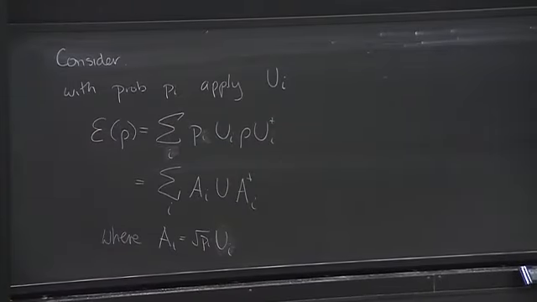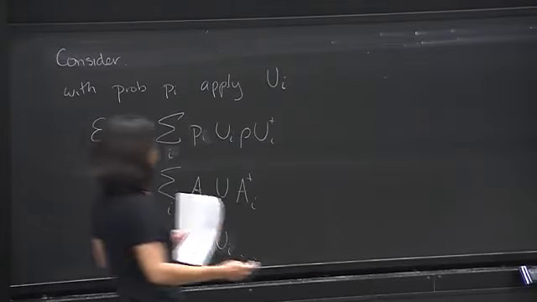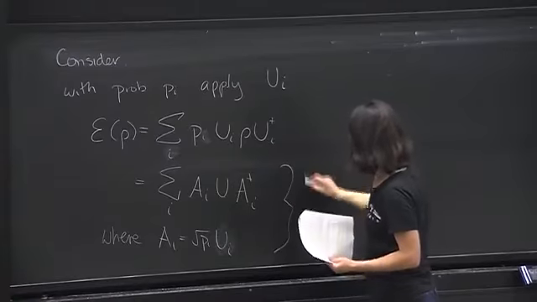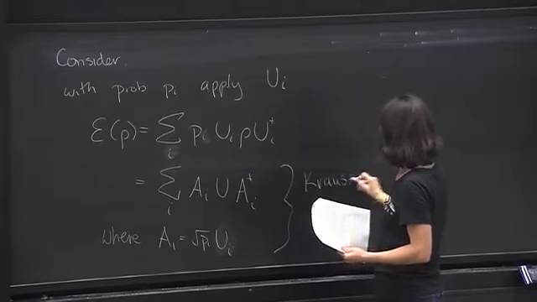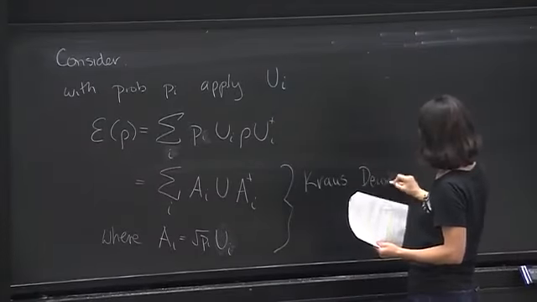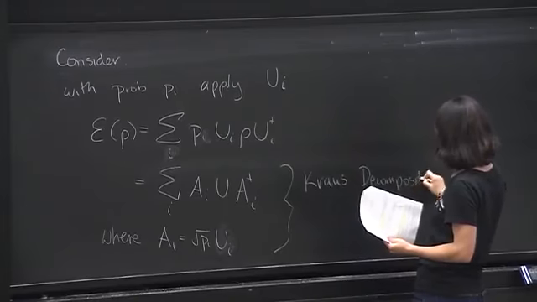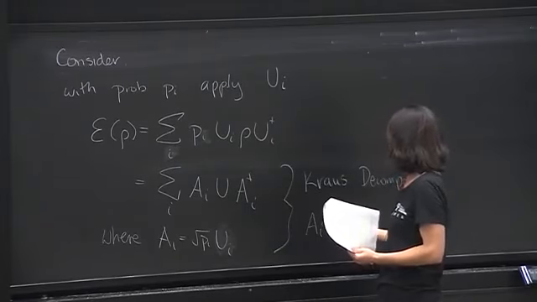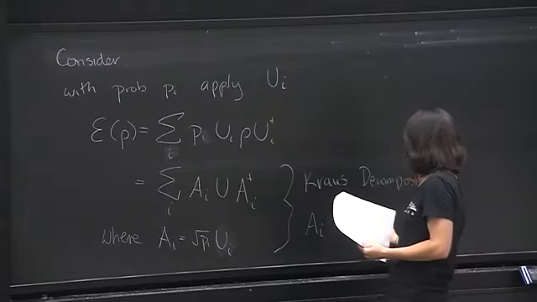Writing things down like that is known as the Kraus decomposition, and the operators A_i are known as Kraus operators.